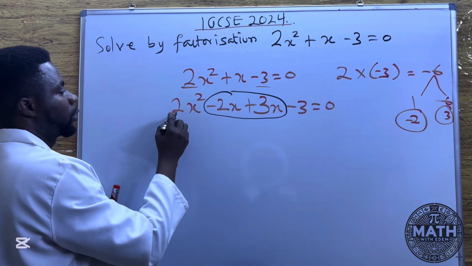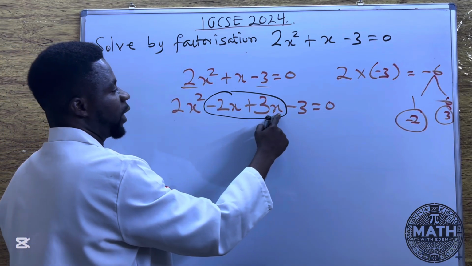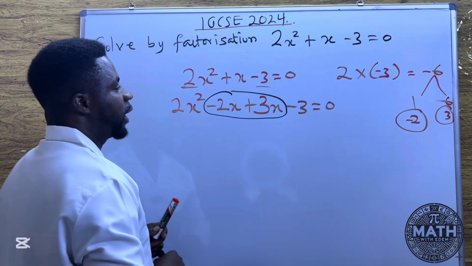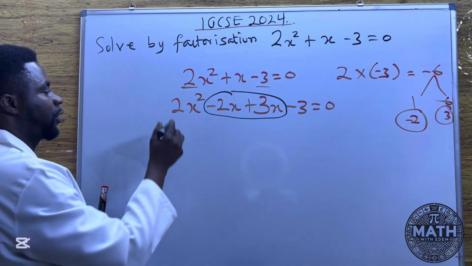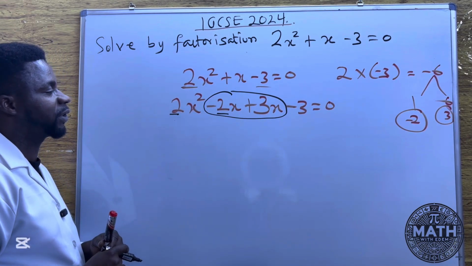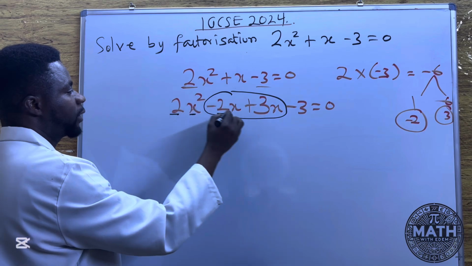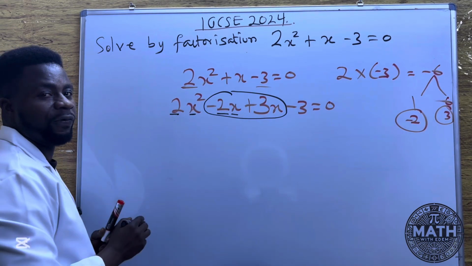Now we have 2x squared minus 2x plus 3x minus 3. The next thing is we are going to factorize. We have 2 here, and these are common factors. We have x squared and x, so x and x are common factors here.